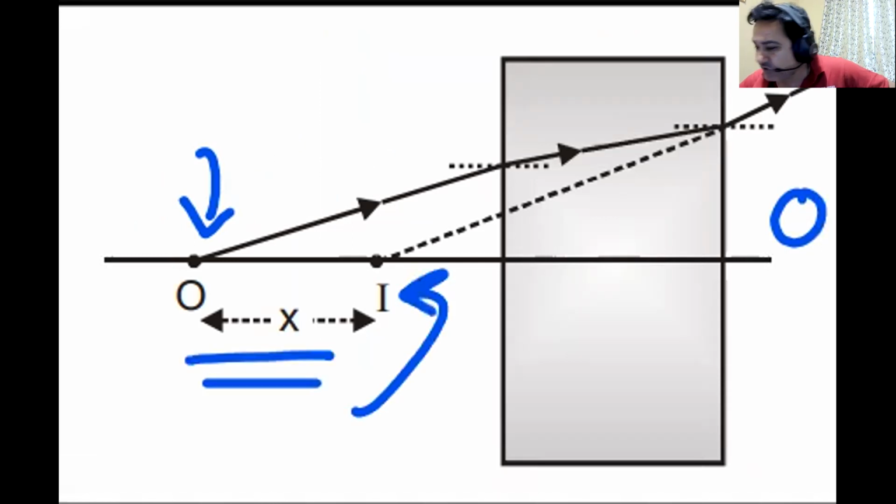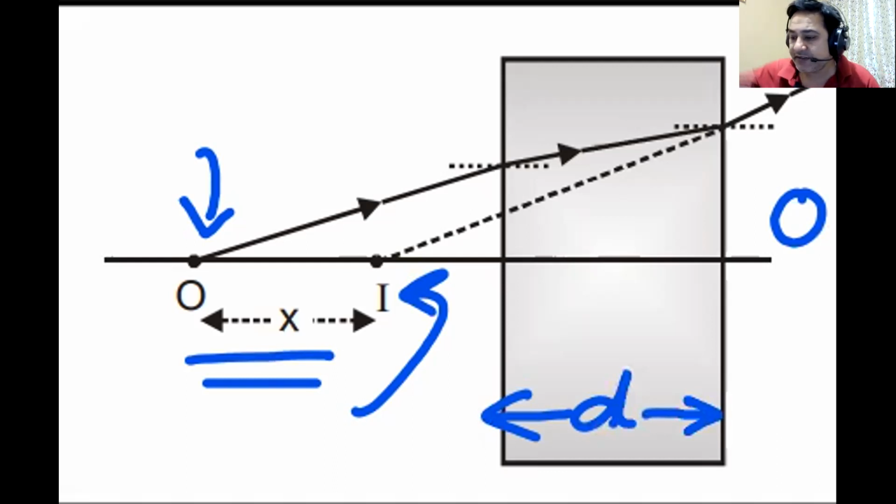The object shifts by a distance x. This distance x is d into 1 minus 1 by mu, where d is the thickness of this slab. Do we all remember this? Yes, sir.